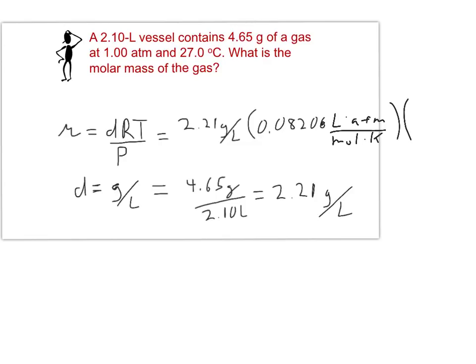The temperature in Kelvin is 300 Kelvin. And the pressure is 1 atmosphere.